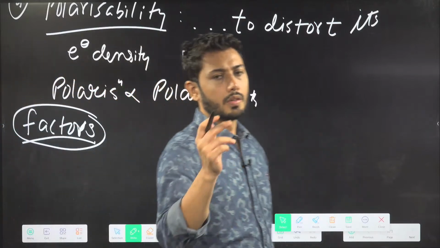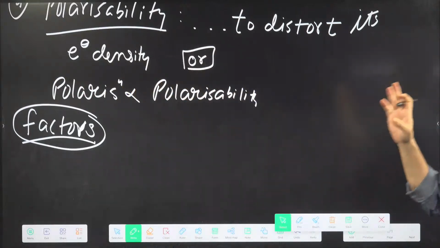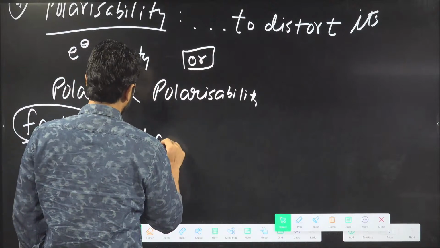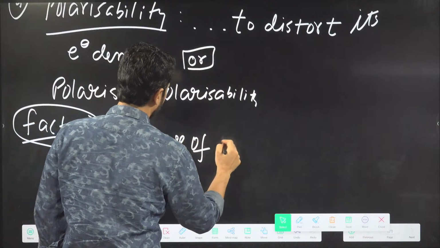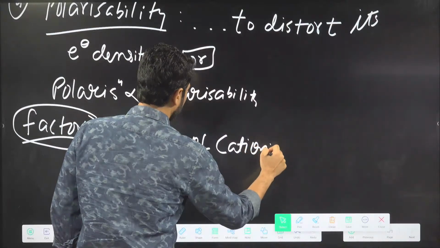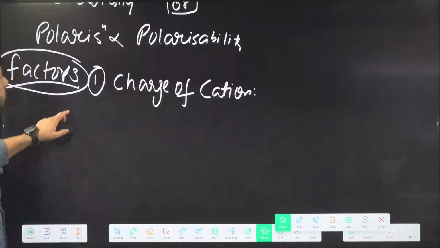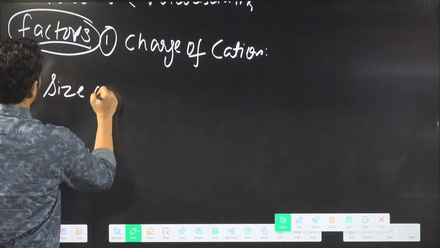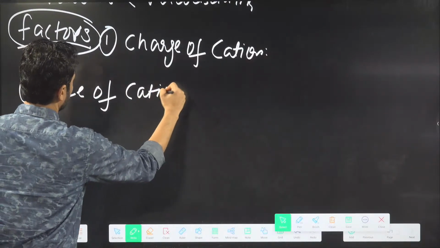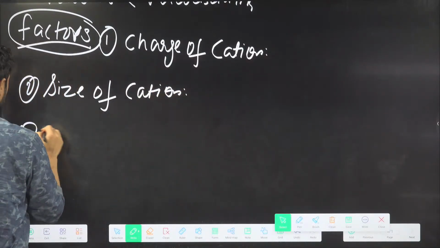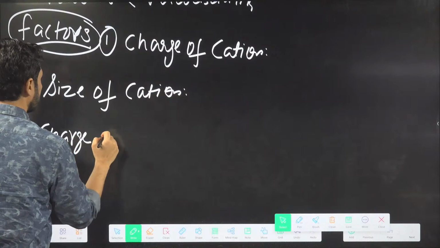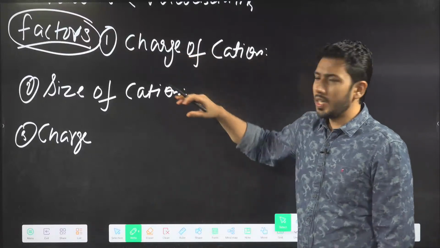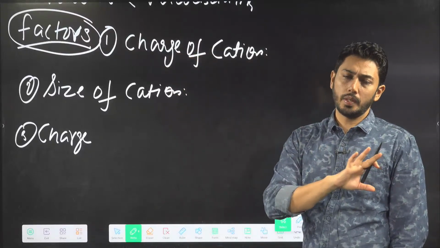Now, write down the factors that affect the polarization. First one is charge of cation. Whether it is cation or anion, the condition remains same.